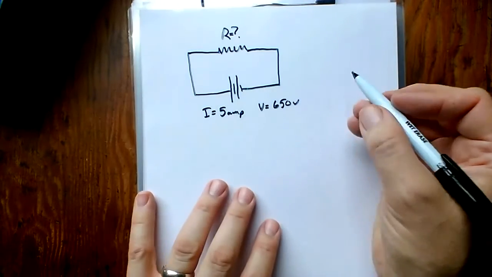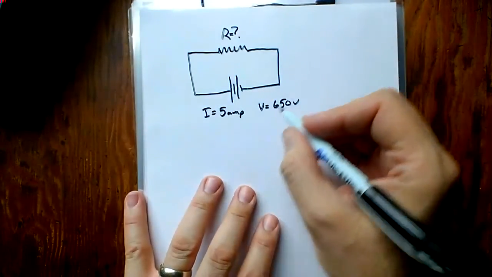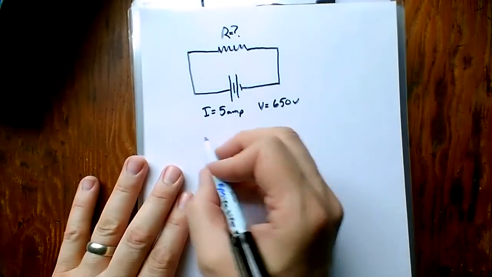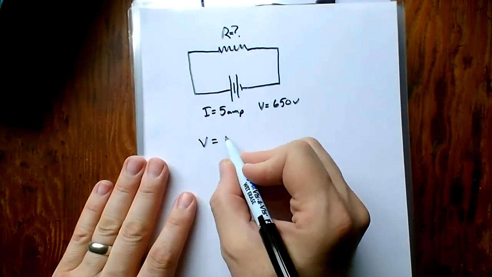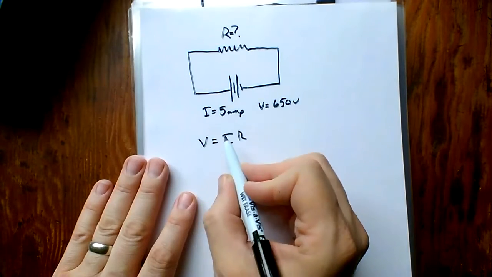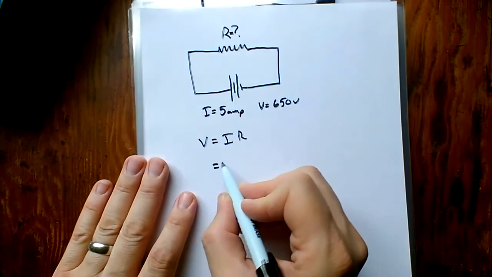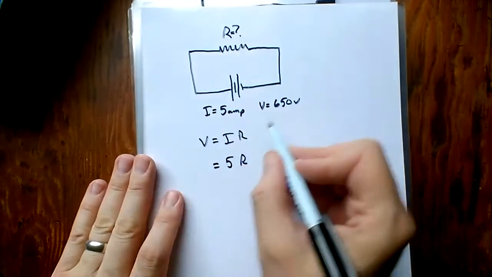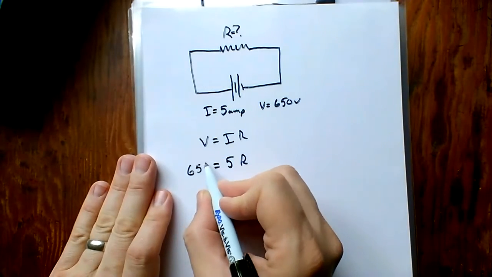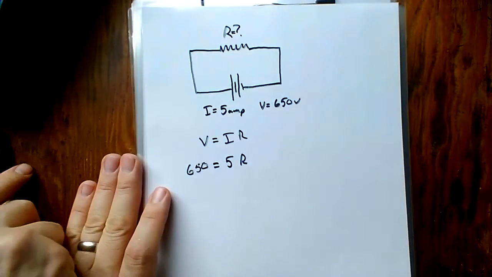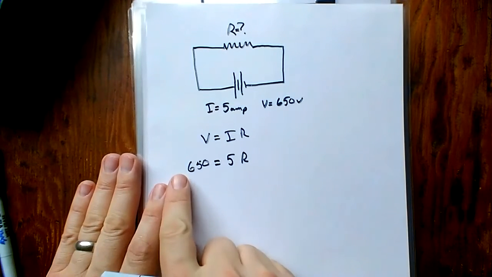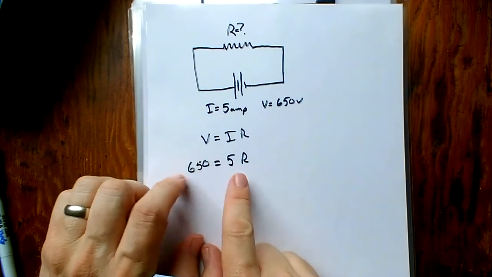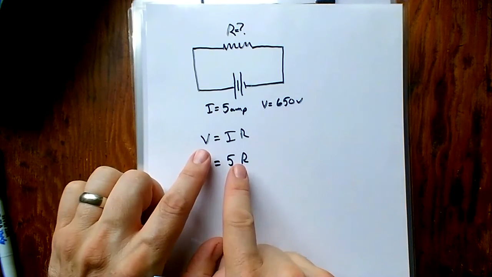Solving something like that, we just plug directly into voltage is equal to IR. My current here is 5 amps, my resistance is unknown, and the voltage is 650. When I'm solving something like that, the equal sign is essentially a roadblock.